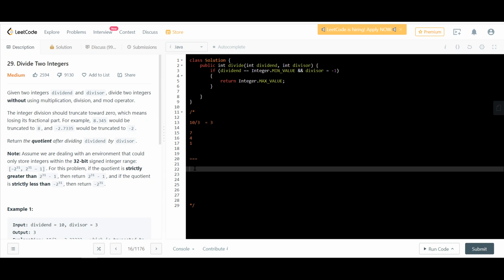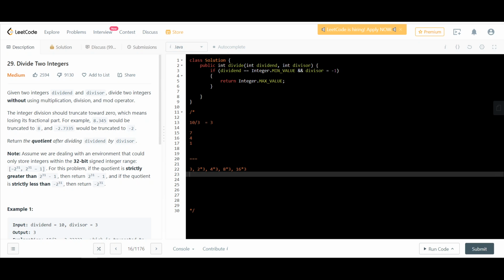So instead of subtracting just 3, I could subtract 2 times 3, 4 times 3, 8 times 3, 16 times 3, and because I'm now doing this exponentially, the overall time complexity would be logarithmic.